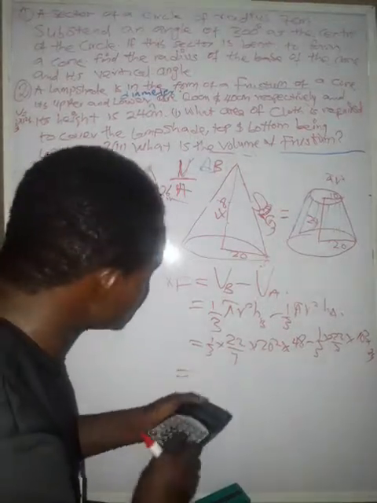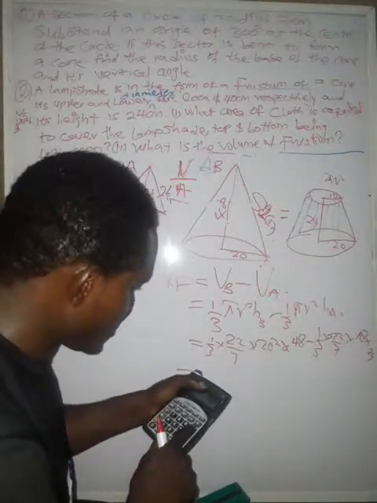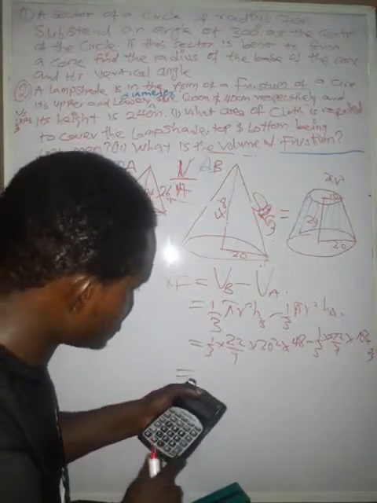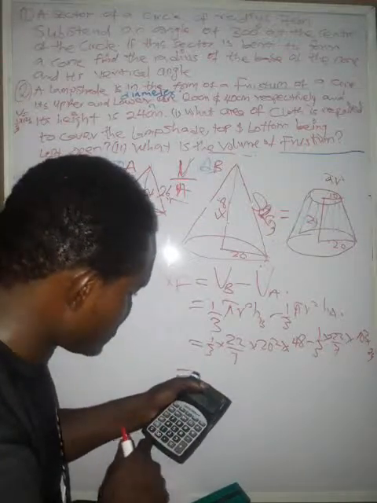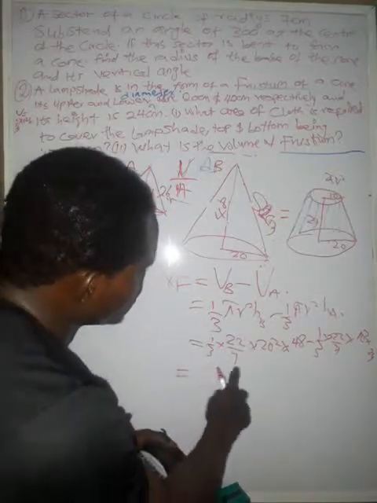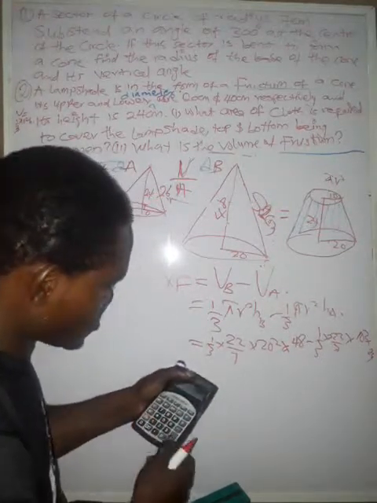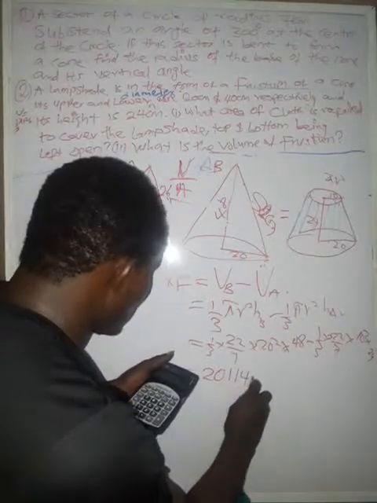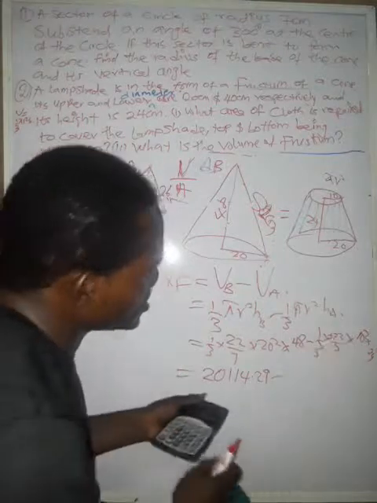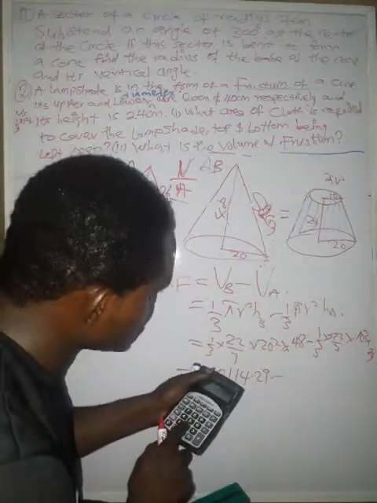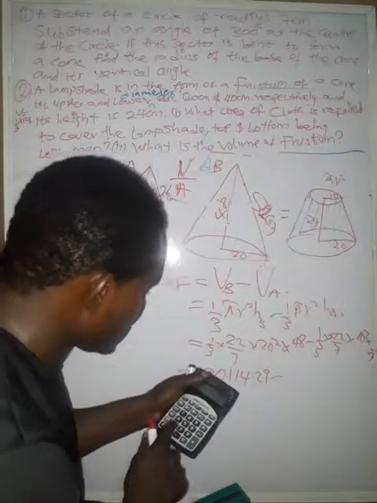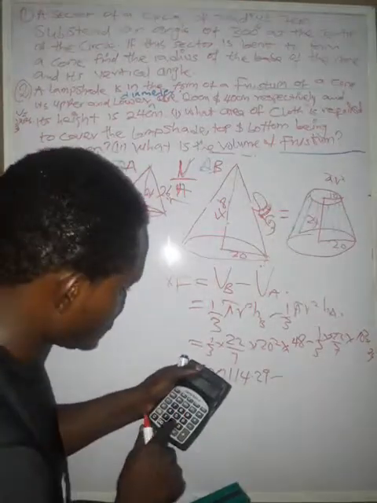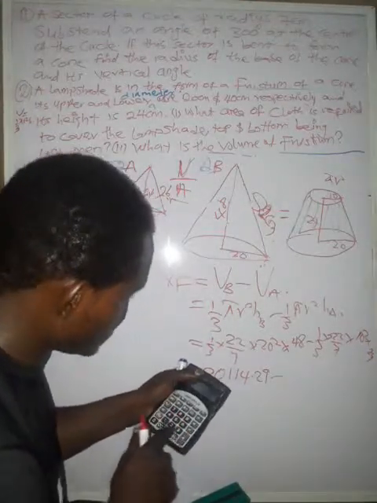I have 22 times 20 times 20 times 48 divided by 21. So I'm having 20114.29, minus 22 times 10 times 10 times 24 divided by 21.